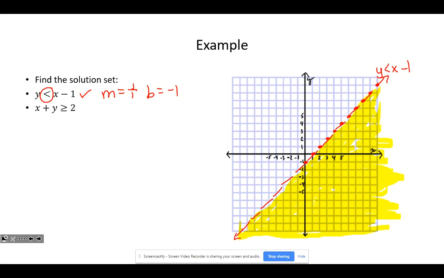Now, hopefully you'll do a better job than what I'm doing here of shading in. But you get the idea.